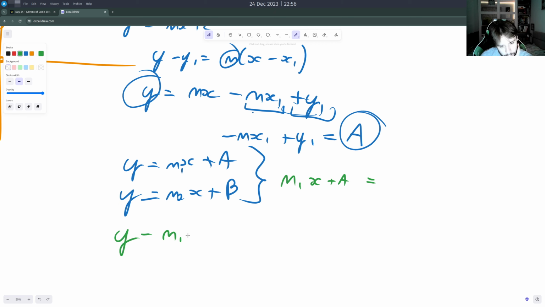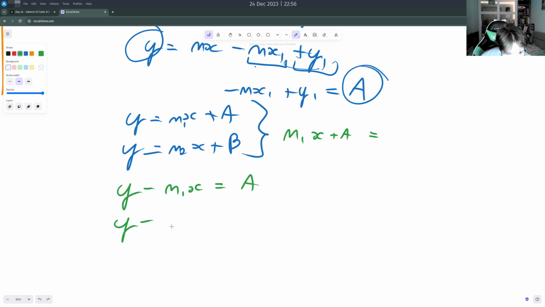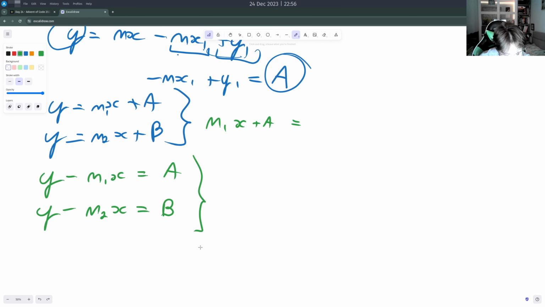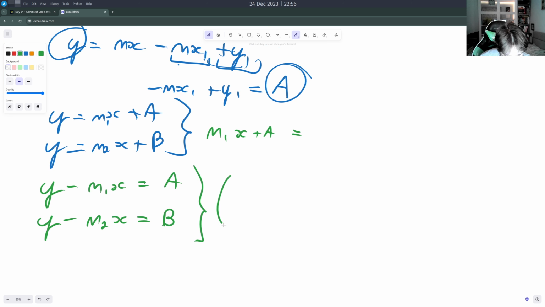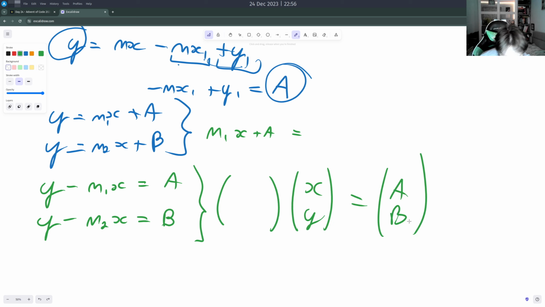y minus m1x equals A, and y minus m2x equals B. We can make this into a system of equations. The matrix N times (x, y) is equal to (a, b), where this matrix is (minus m1, 1) and (minus m2, 1).